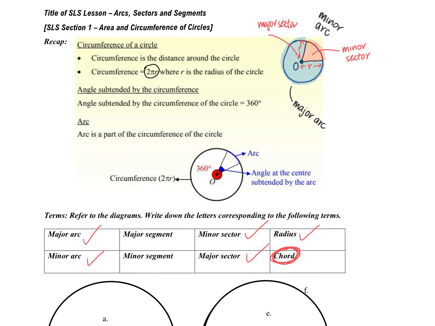Okay, listen. If you have any 2 points on the circle and you draw a line to join them, this is called a chord. A chord can be long, short, doesn't matter. The longest chord on your circle is your diameter.